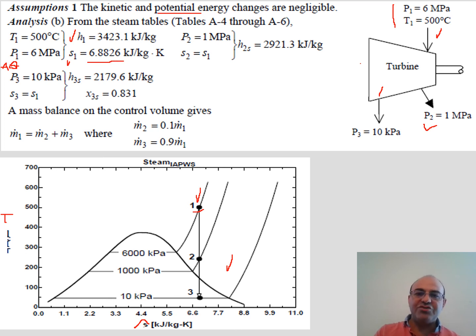How about state 2? At state 2, the pressure is given as 1 megapascal. This is state 2 on this line. We need a second property for state 2, because to specify other properties we need to know at least 2 properties for a simple compressible substance. So S2 is equal to S1.